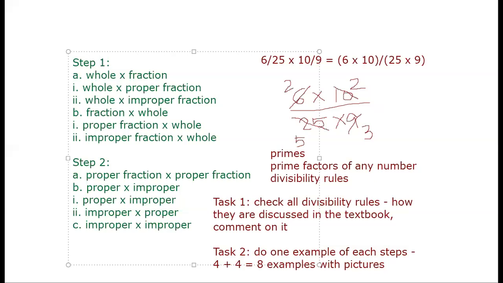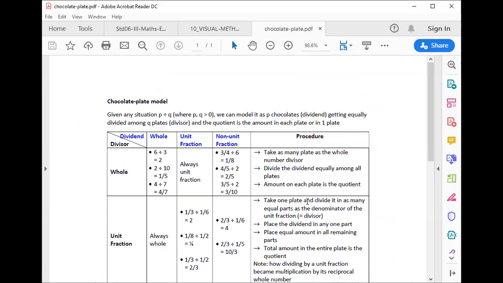Okay. So this chocolate plate model, this is one page.